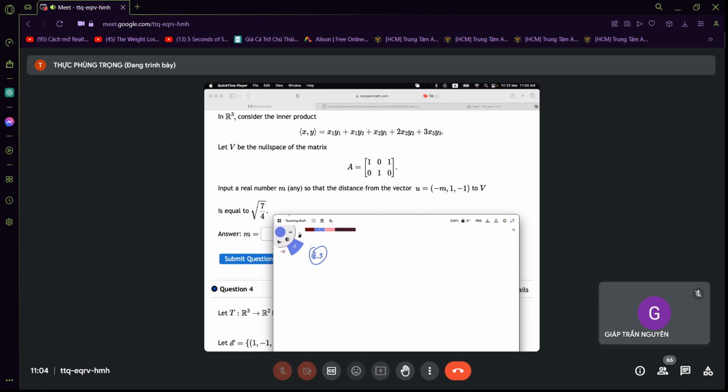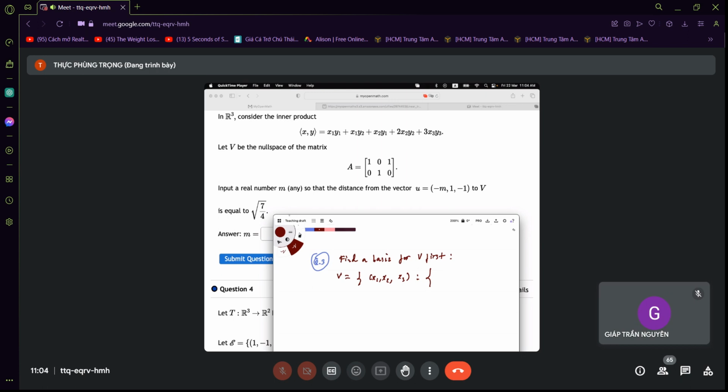The first thing we need to do is obviously to get a basis for V, right? Find a basis for V first. So V is the null space, so V is the set of s1, s2, s3 such that As equals 0.